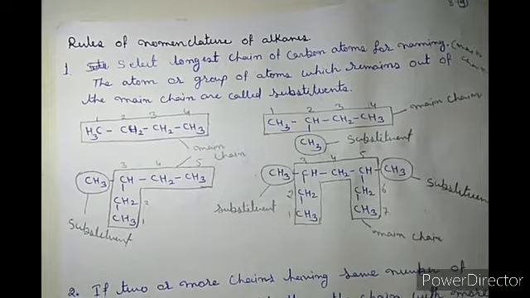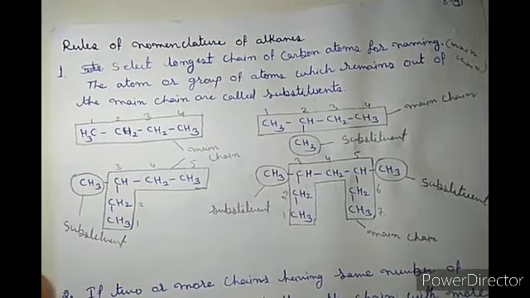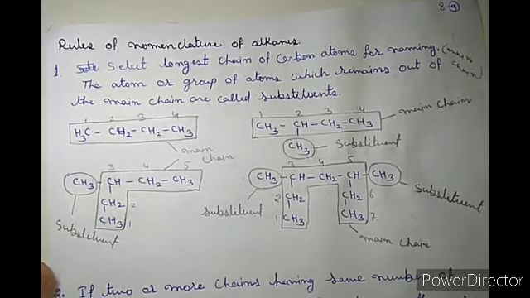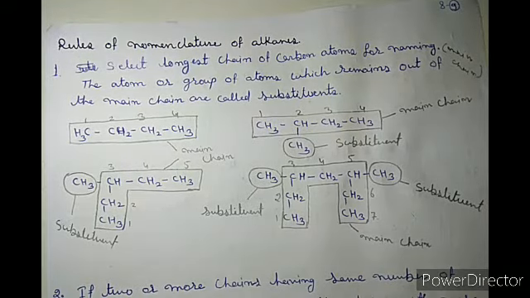So firstly, select the longest chain, that means the main chain. Got it? The atom or group of atoms which remain outside of the main chain, which are not included in the main chain, are called substituents.